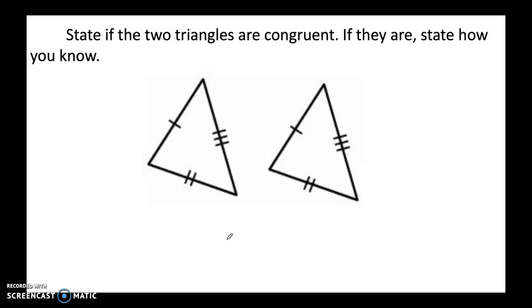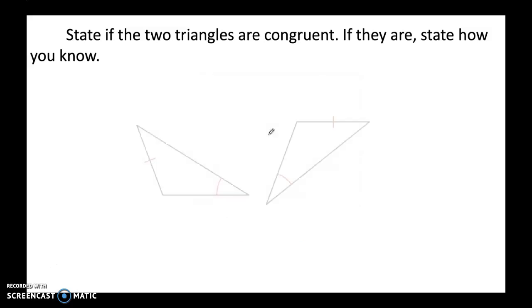Next, based on the given illustration, the three sides of one triangle are congruent to the three sides of another triangle. Therefore, the two triangles are congruent using the SSS postulate. Next, as you can see, we only have two markings.